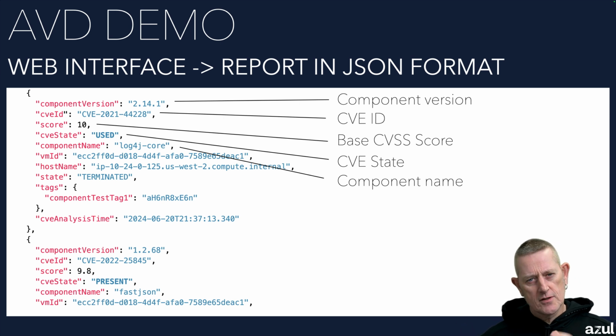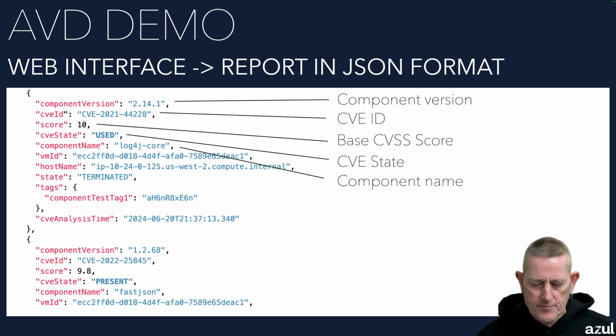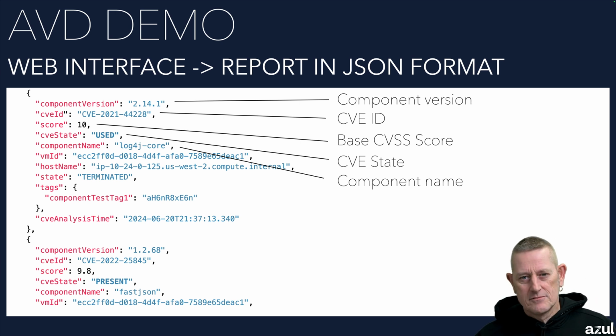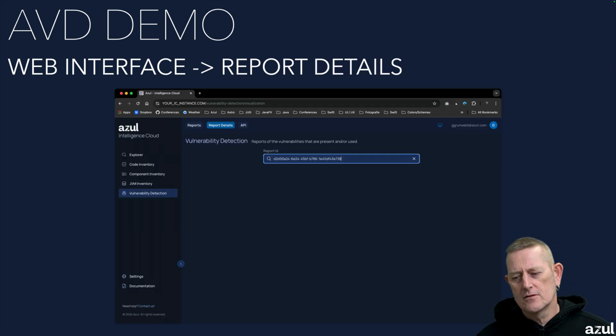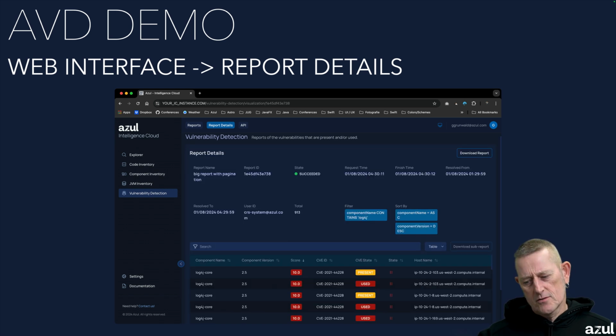So this information you get in the JSON file, which is nice, but to be honest, JSON is not really the format for humans. So of course we also have report details that you can see in the web interface itself. You can open it up, and first of all see the list of the components, then the component version, and then the score of the component or the vulnerability that was found.